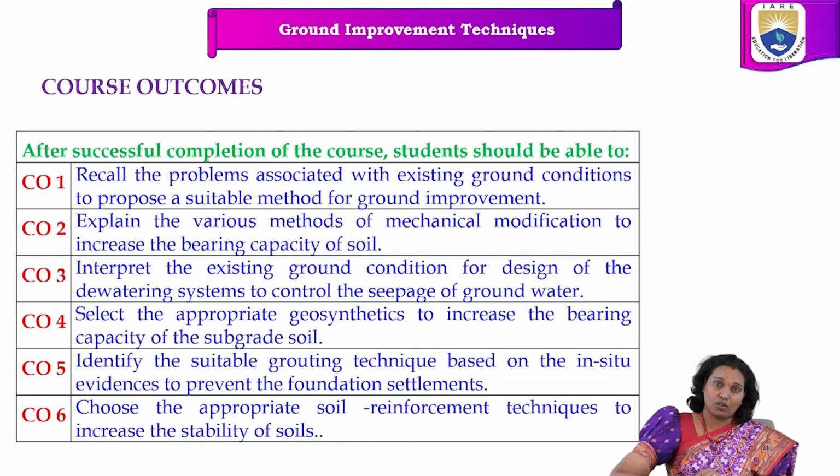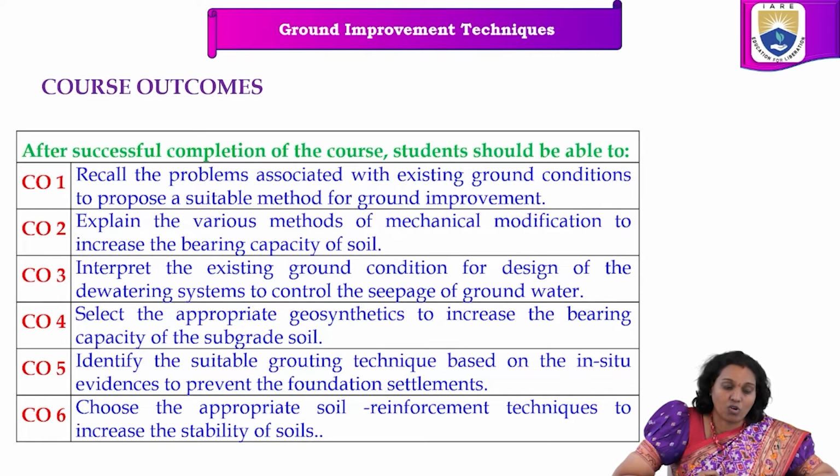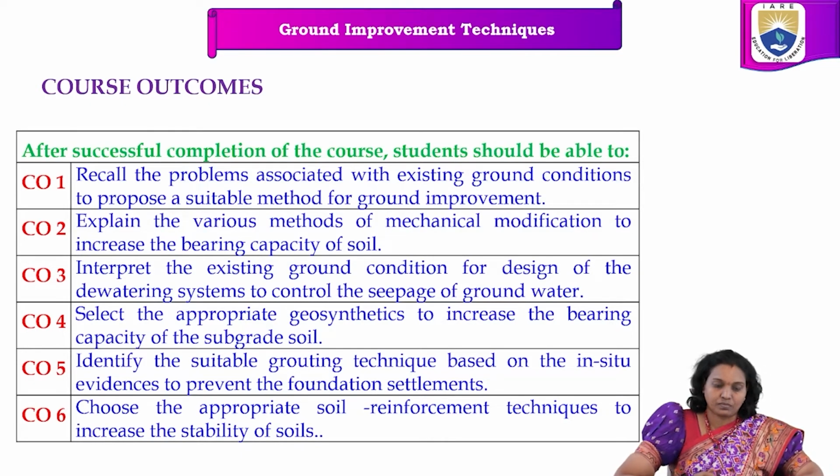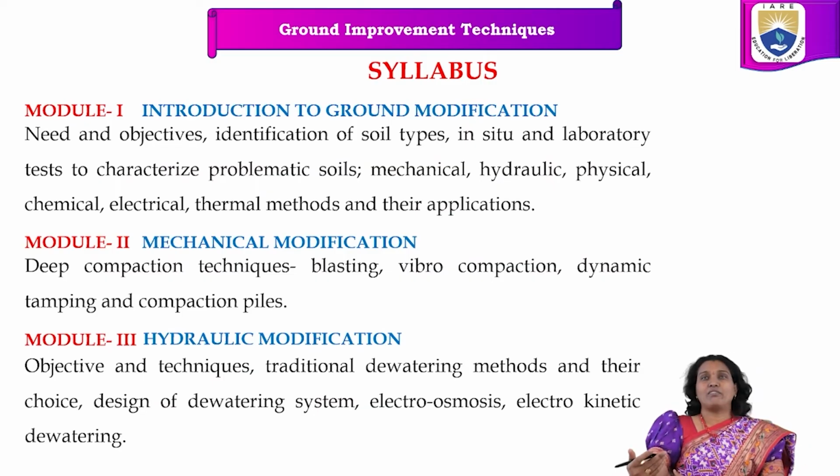For increasing the stability of soils as well, which method is suitable, so choosing the appropriate soil reinforcement technique is also one of the course outcomes. After completion of this ground improvement technique course, these are the expected course outcomes the student should be able to achieve. So now coming to the various ground improvement techniques syllabus.